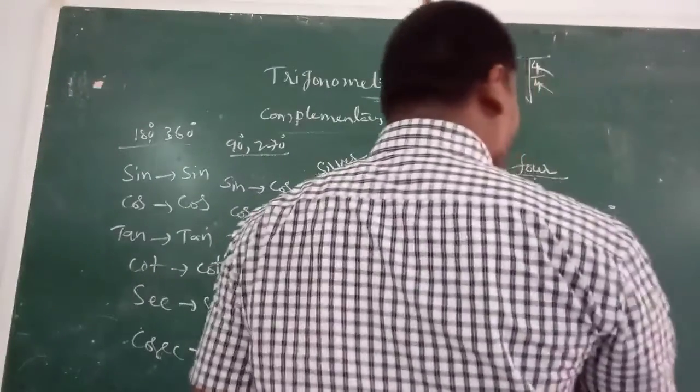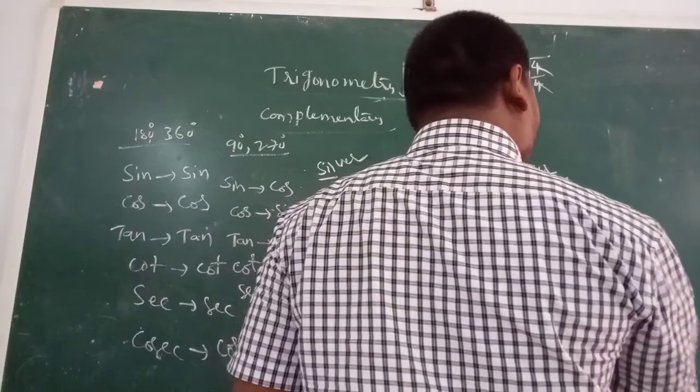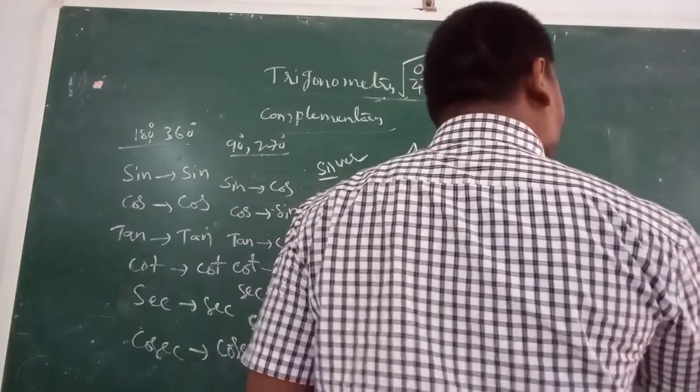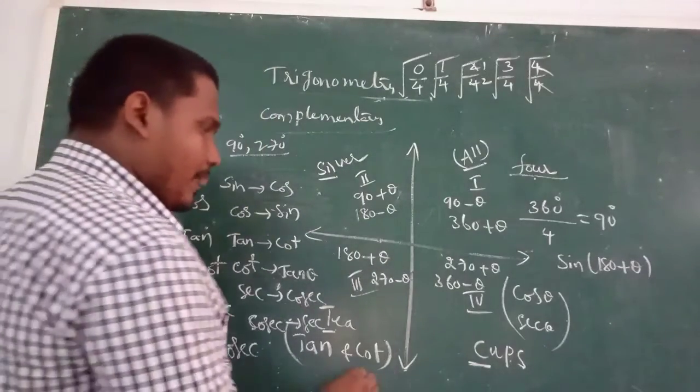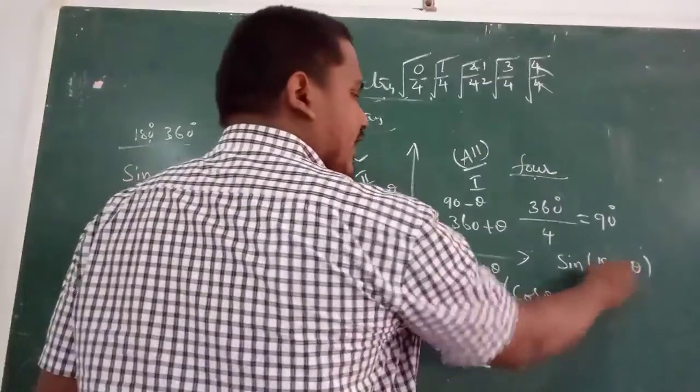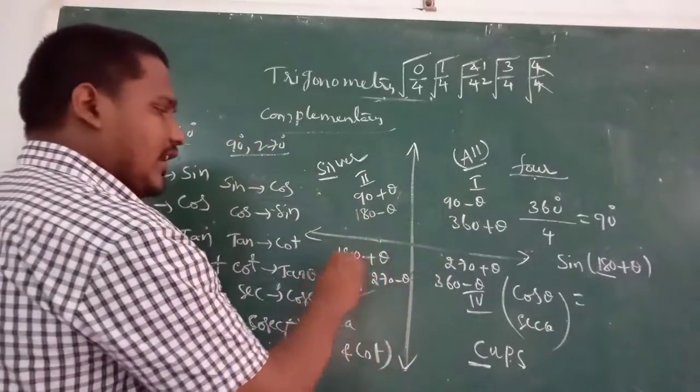Okay, suppose you are finding the value of sin of 180 plus theta. Here sin of 180 plus theta means third quadrant.